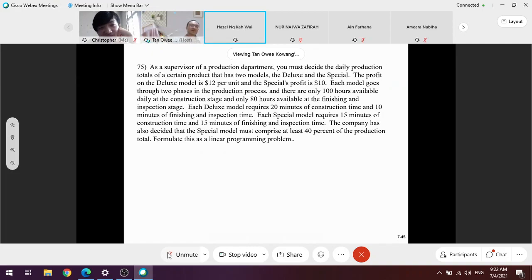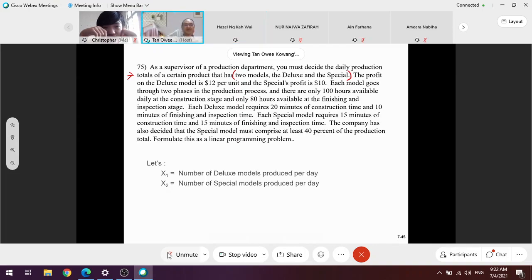Yeah, so basically you can get it from the second line of the question, right? Produce two models. So Heather, what is the objective for this linear programming? To find the maximum profit. Why maximum? There's nothing talking about maximum. Why you say maximum?